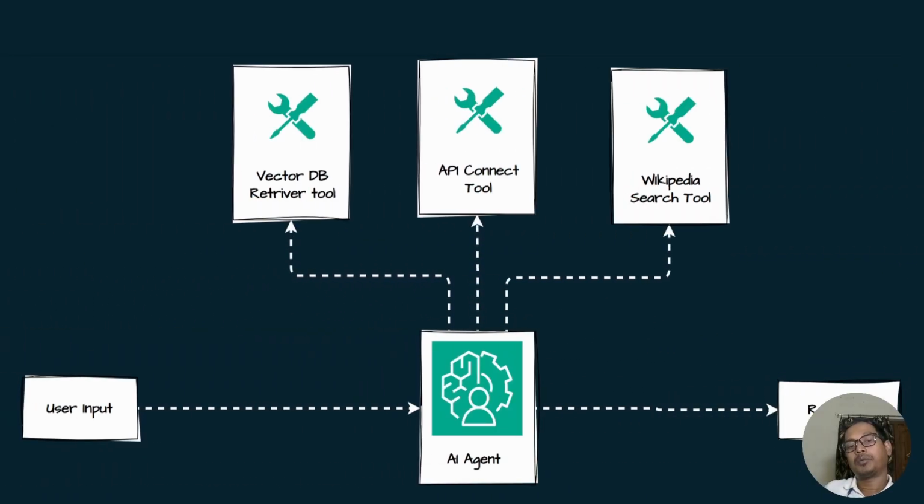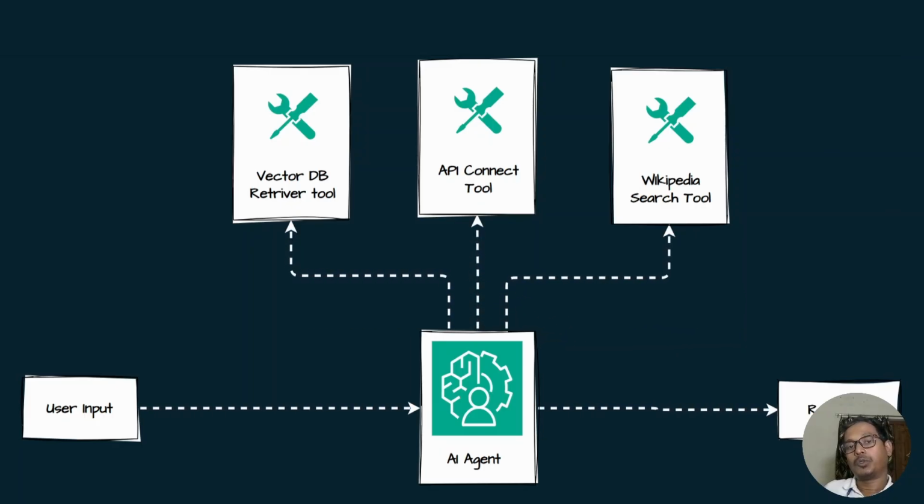In Agentic RAG, they replaced the LLM with an AI agent, because AI agents internally use LLMs as a brain. With the help of this LLM, they can think about which tool to use to answer or to perform the particular task asked by the user.